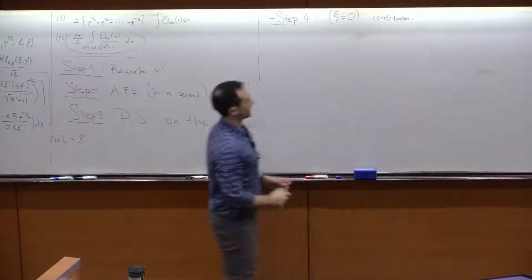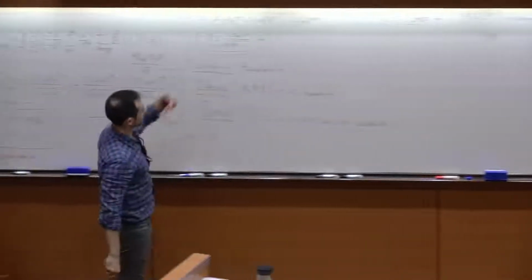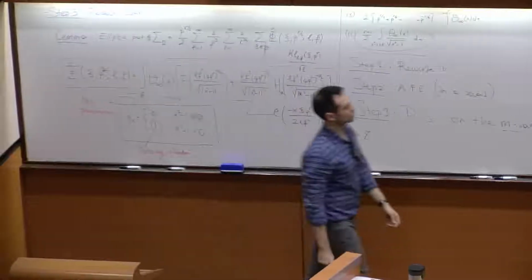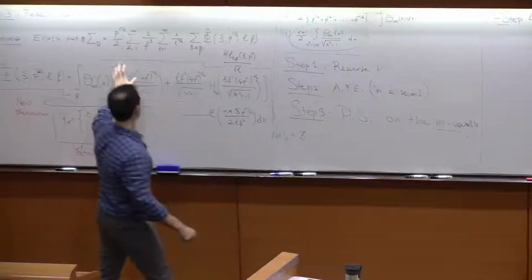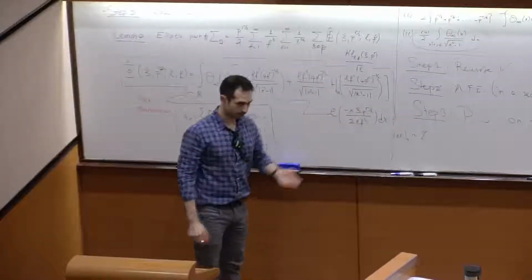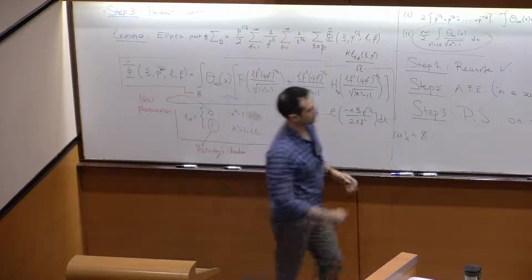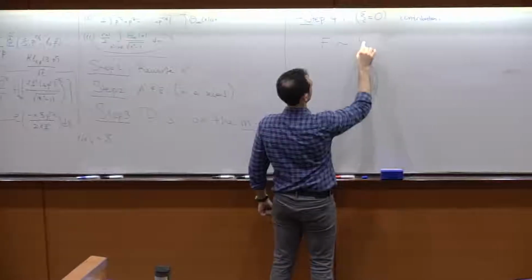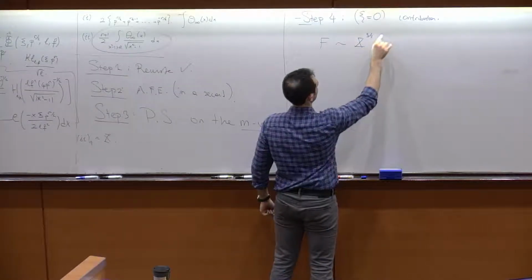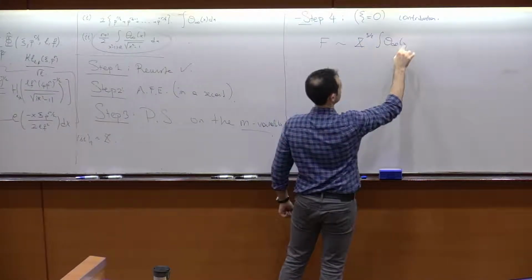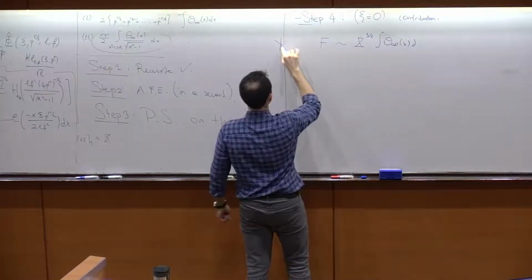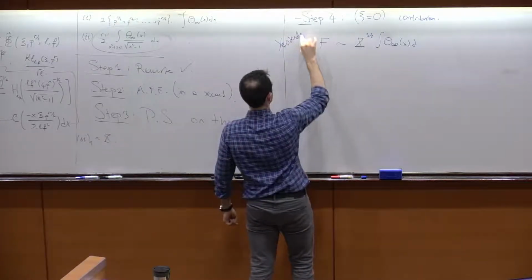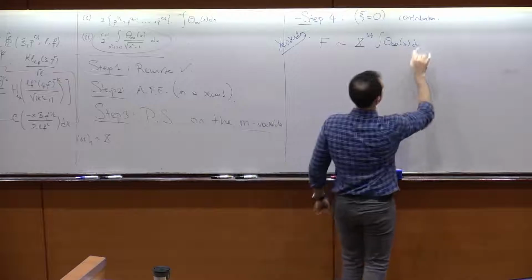Let me remind you what happened last time, yesterday, when we analyzed this contribution. We analyzed the F part and the H part separately, and the F part had given us a contribution of the following form. So the F part was giving us an x to the 3/2 times an integral from yesterday, dx.